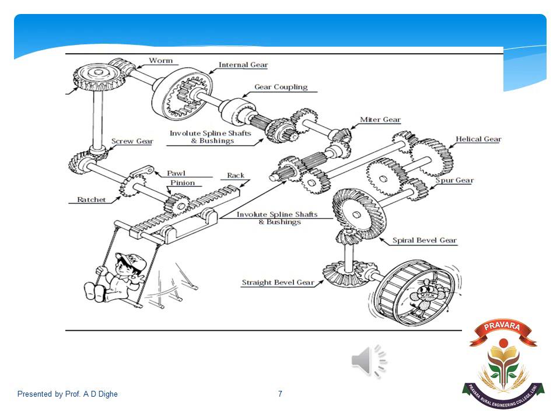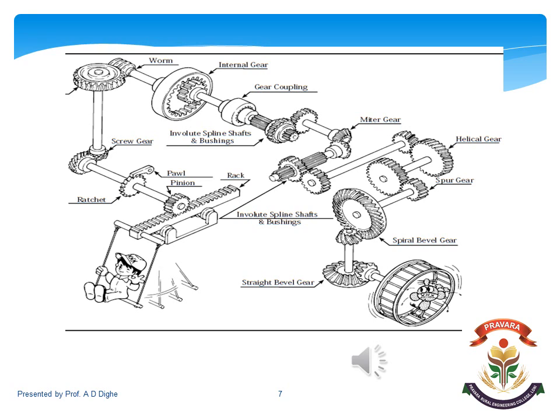Then the spur gear pair is connected to the helical gear pair. The helical gear pair is connected to again a spur gear pair. After that, that spur gear pair is connected to the involute spline shaft and its bushing. On that spline shaft, a miter gear is mounted.